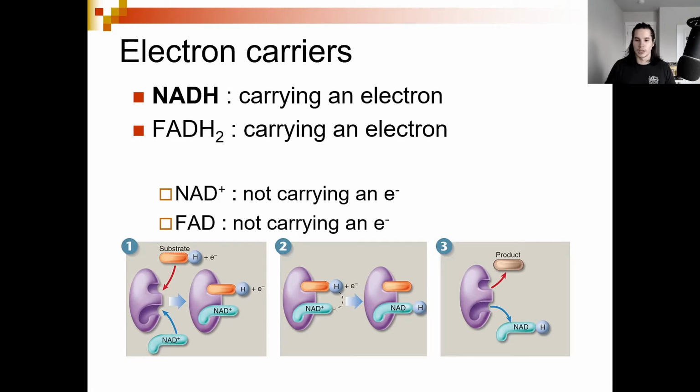Hydrogens carry electrons, and so you bring that hydrogen aboard containing that electron, and now you're able to utilize that electron. And this is just showing an enzyme attaching that hydrogen plus electron to an NAD+ to make NADH.